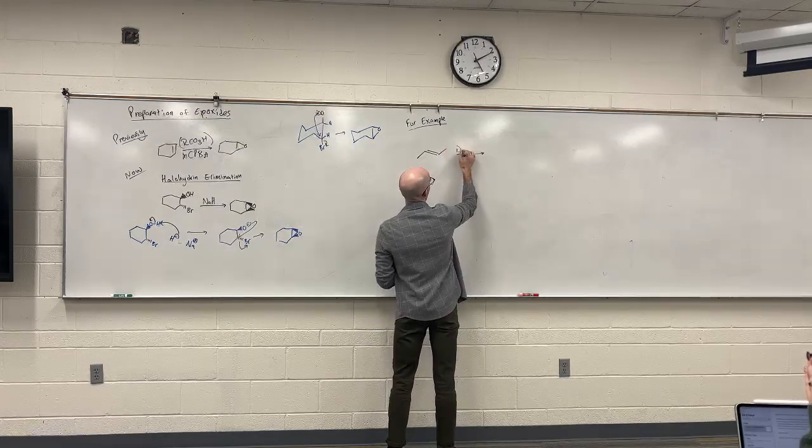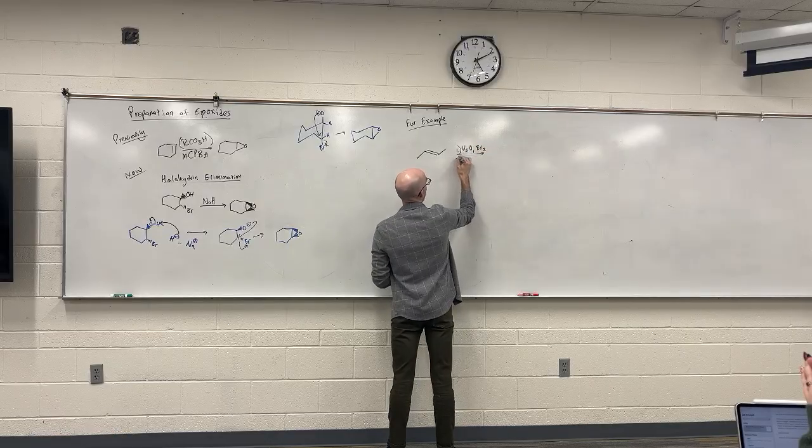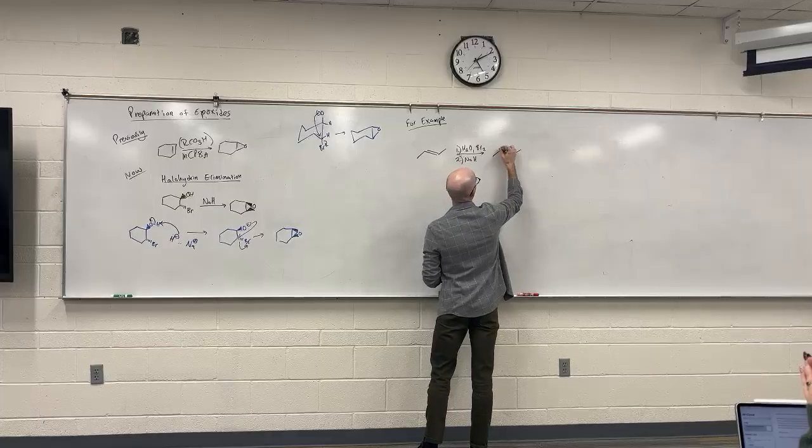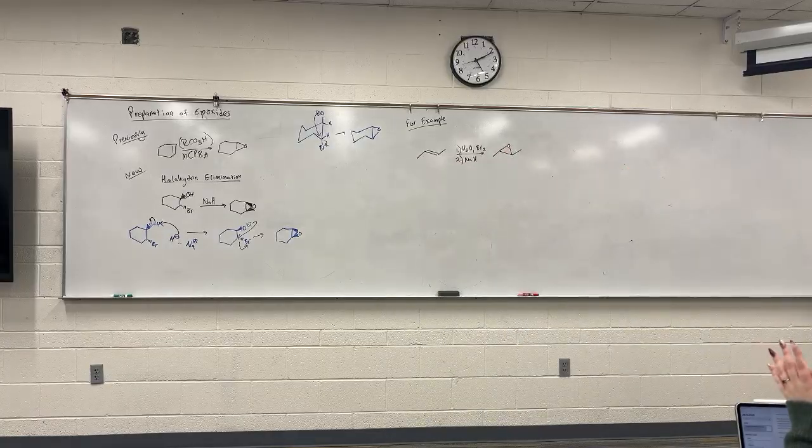So we could show an epoxide synthesis by saying H2O and bromine followed by NaH leaves me with an epoxide product. Don't worry about drawing the chair conformation. That was just for fun.